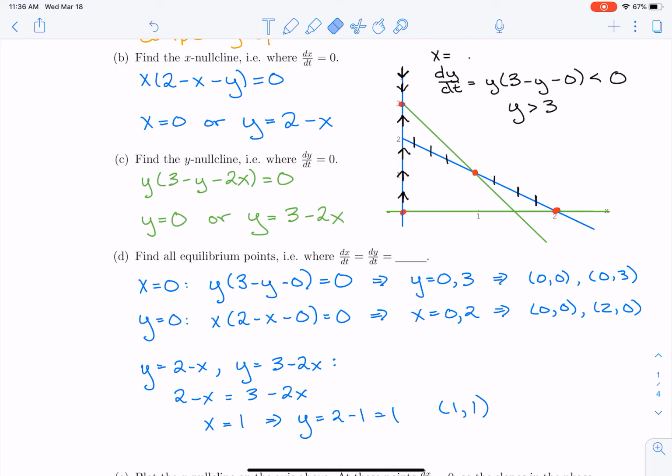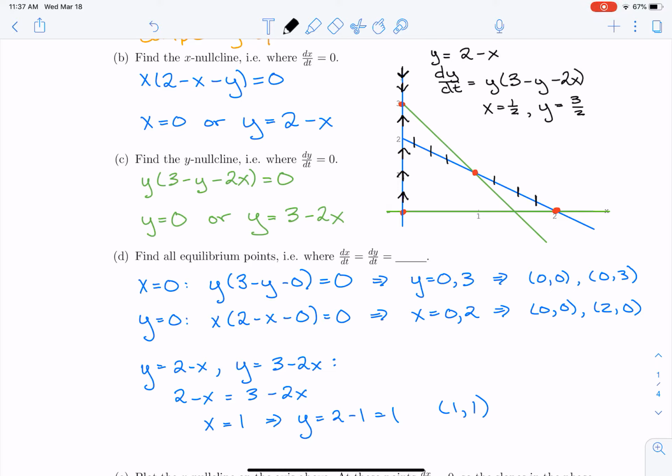The second x nullcline occurs when y is equal to 2 minus x, and dy/dt there is y times (3 minus y minus 2x). I'm going to approach this a little bit differently by just choosing a couple points on the x nullcline that are to the left and to the right of the equilibrium point. So I'm going to choose x equal to 1/2, and y is then 3/2.